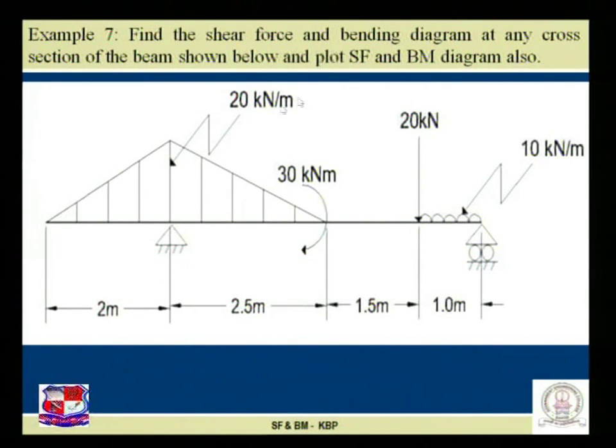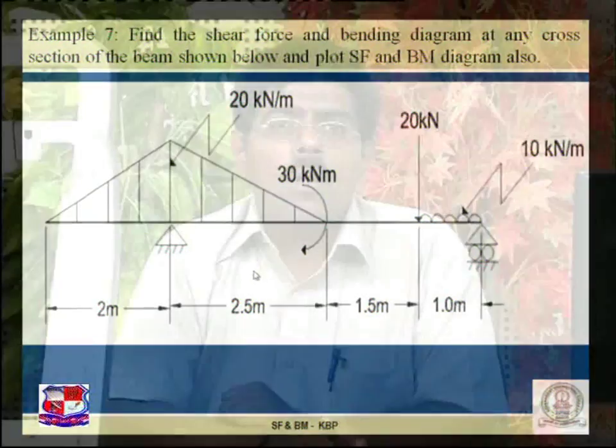So all four combinations of load have been taken care of in this particular problem, and our intention is to plot the shear force and bending moment diagram for a given beam in which all kinds of loading have been given to us.